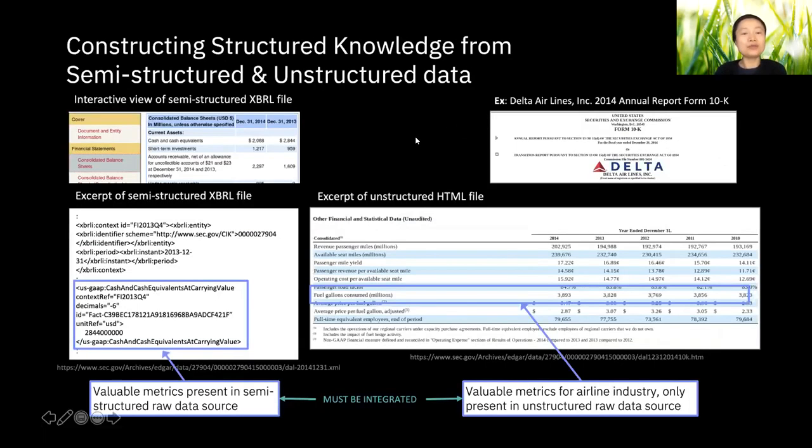Another thing is we need to construct structured knowledge, not just from plain text, because when we talk about natural language processing, a lot of the time you think about plain text where you perform information extraction. But in order to handle complex enterprise data, we also need to be able to understand semi-structured data like the XBRL file here, as well as semi-structured content within textual data like the HTML file here.